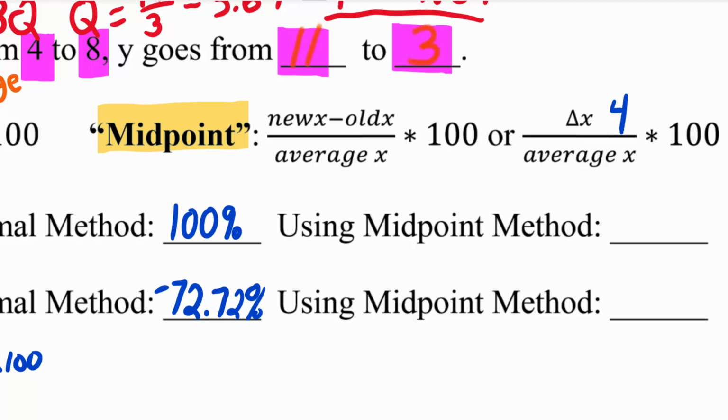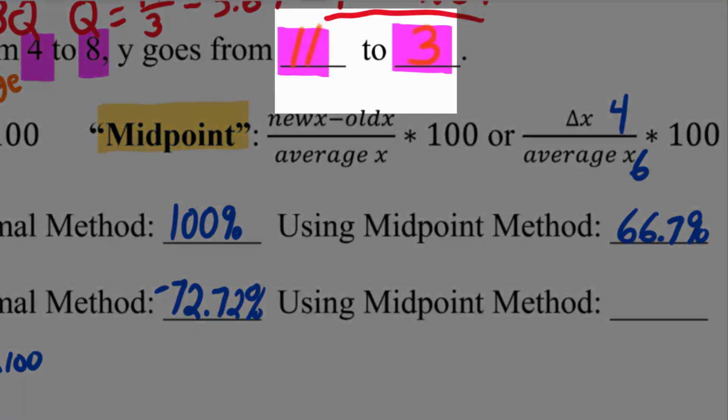What number is the midpoint of 4 and 8? So 4 plus 8 is 12, divided by 2 is 6. So in this case, we'd say 4 divided by 6 times 100. Using the midpoint method, we would say that this is 66.666%, or we could round that off to 66.7%.